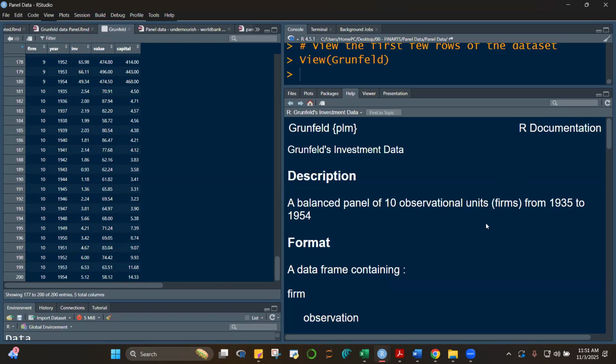Now, an unbalanced panel data is one where a particular unit might appear in some periods, but does not appear in other periods. So if you have data, for example, from 1970, you have let's say 10 countries first, and then across the future periods, say 1990, there are now more than 10 countries.